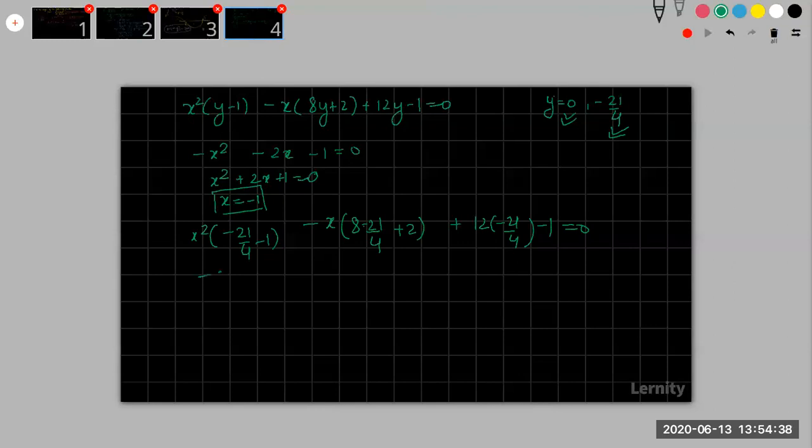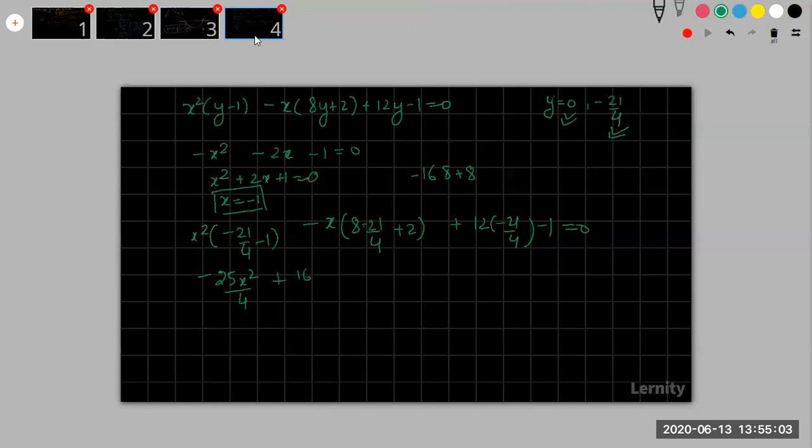So minus 25x square by 4, minus 8 ones are 8, so this is minus of minus, 8 16 minus 168 plus 8, so this will be minus 160.